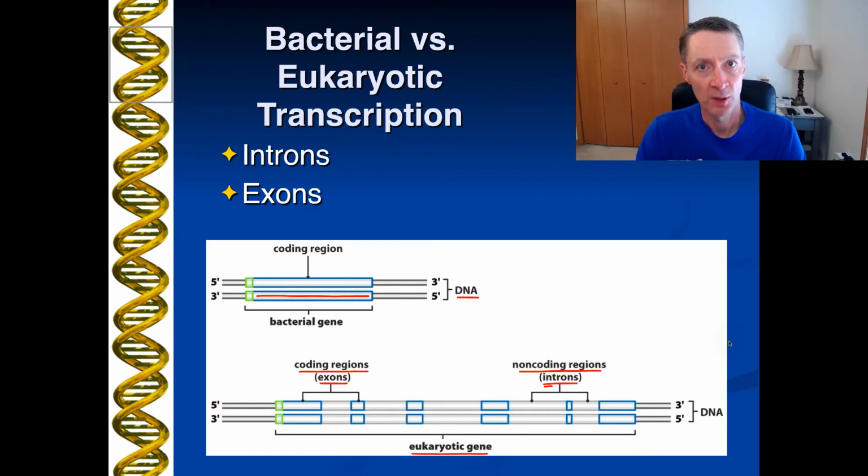Another little tidbit: those non-coding regions are actually the regions that we use when we do DNA fingerprinting to see if this guy is the father of someone. They might take a sample from the blood or a mouth swab, and they look at the non-coding regions to determine if these people are related.